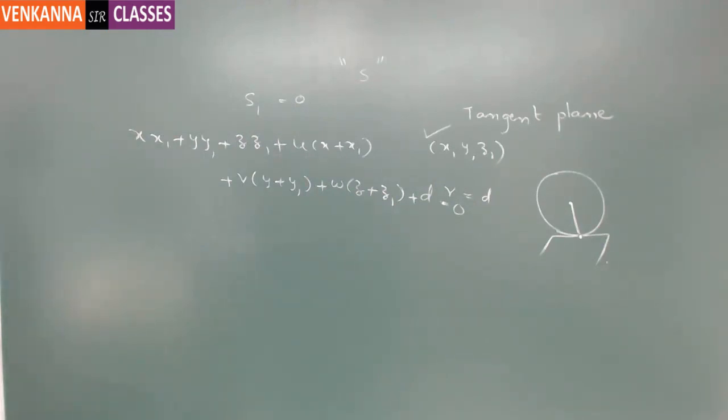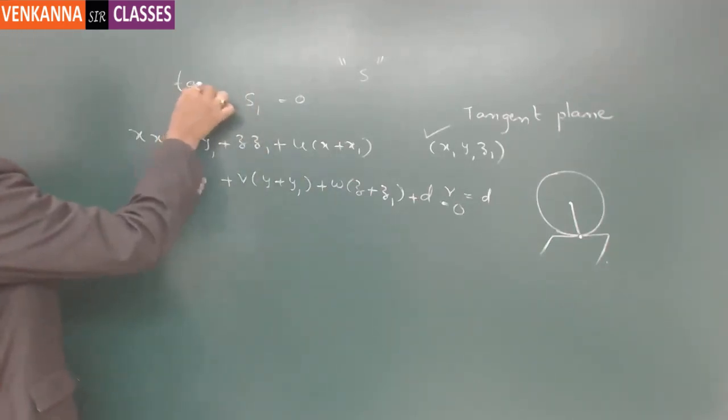So this is the thing. This entire formula will be simply denoted with the symbol S1 equal to 0, where the values of u, v, w, d are nothing but the values from the sphere equation. Okay? Please take a note of that. So we simply call it S1, the equation of the tangent plane.